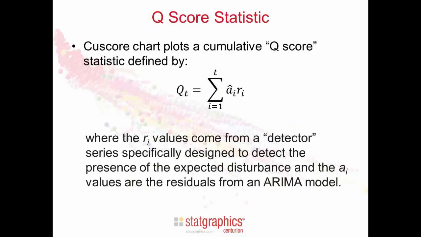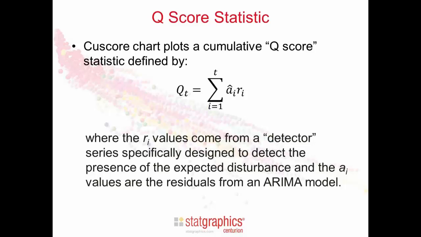Now, I'm going to give you just a real brief discussion of what the theory is, and I'm going to point you in a moment to a good text to read about this. What a Q-score chart does is it plots something called a Q score.